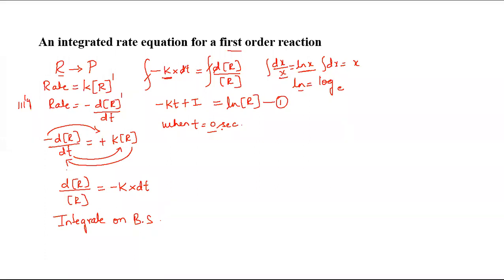At the same time the concentration of the product increases. So since time is 0, the initial concentration is the same as the final value. This is initial, this is final. Whatever the initial is, the final will be the same.